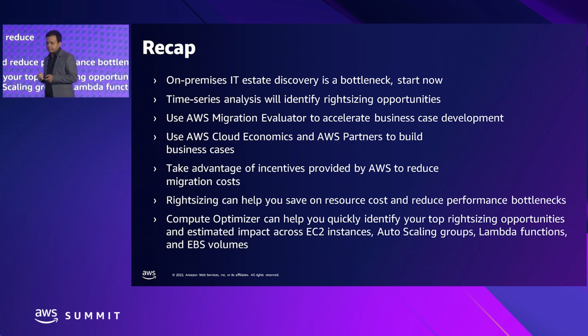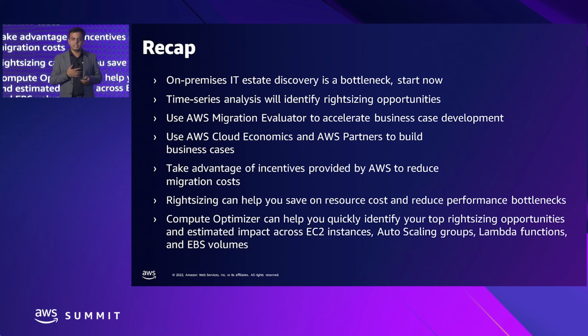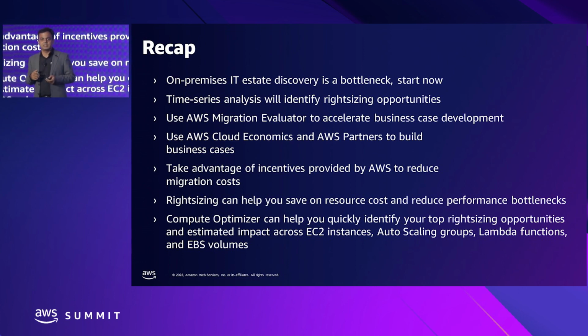In addition to this, I talked about the migration cost, how you can reduce your migration cost, leverage the MAP program, the Migration Acceleration Program, and leverage the different programs which are available for cost optimization and license analysis. You can talk to your account managers, AWS representatives, they can direct you to the right kind of thing.